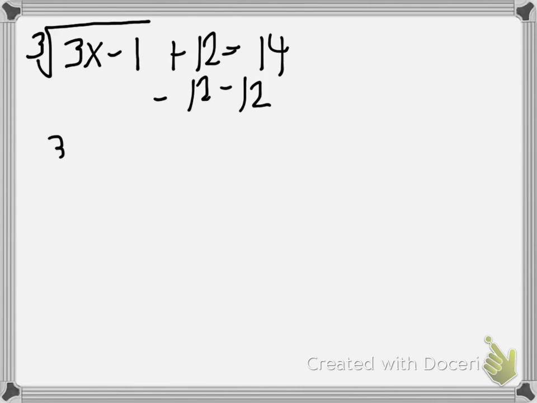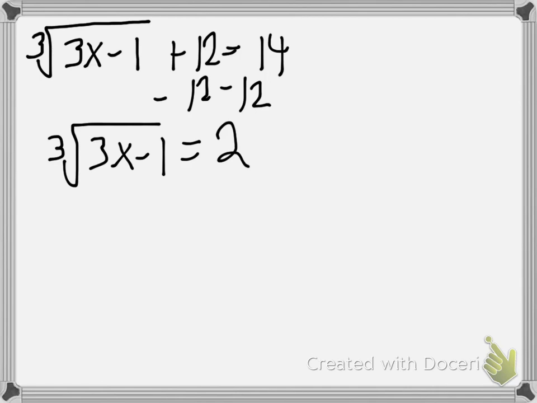And we get the cube root of 3x minus 1 is equal to 2. Now, how do we get rid of a cube root? Well, we have to raise it to the third power. So we're going to have to raise 2 to the third power.